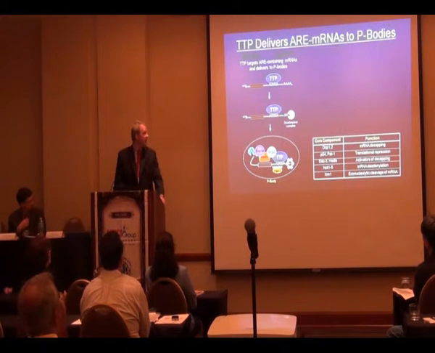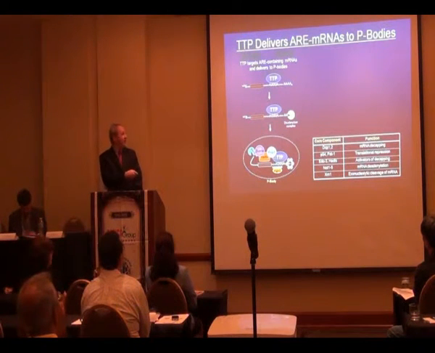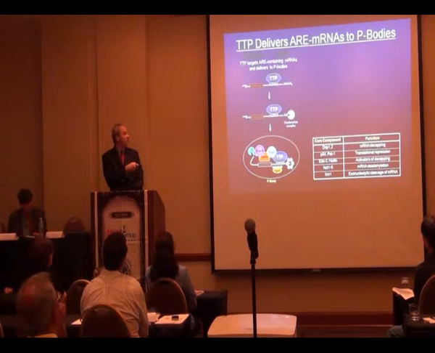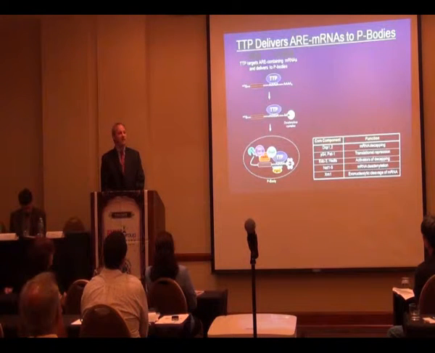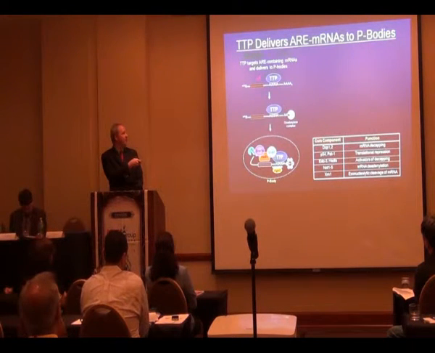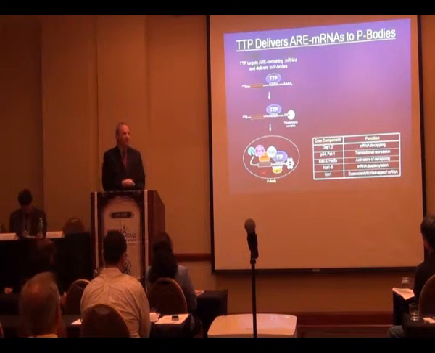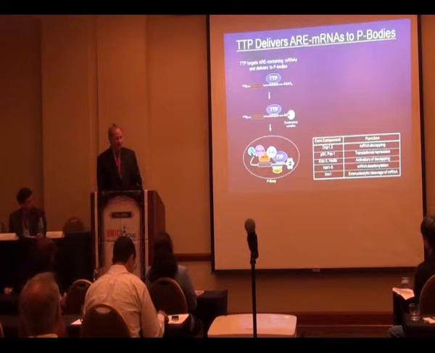Well, in other data, the mechanism of TTP's ability to regulate ARE-containing gene expression has been shown in that TTP will bind to these mRNAs and bring these over to little cytoplasmic bodies in the cell that contain RNA degradation machinery. And these bodies are called P-bodies.